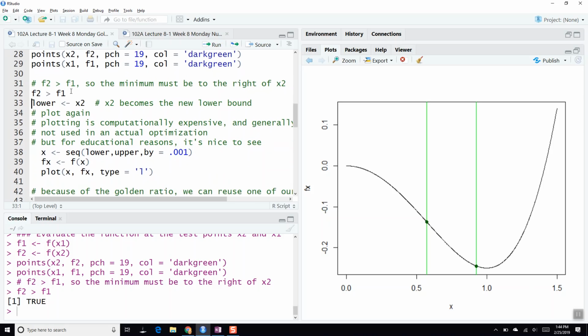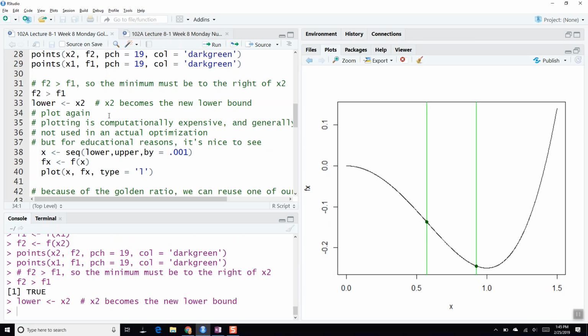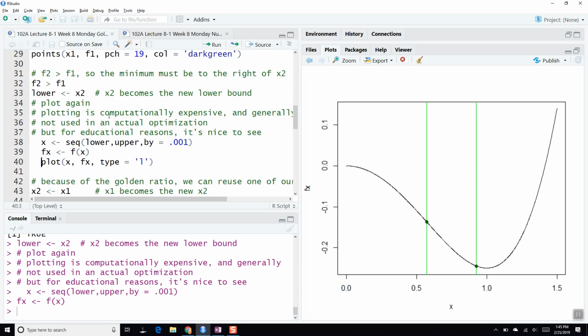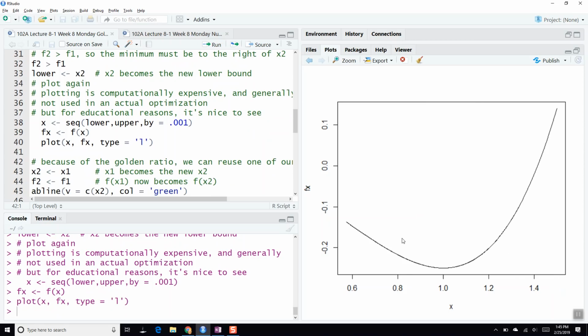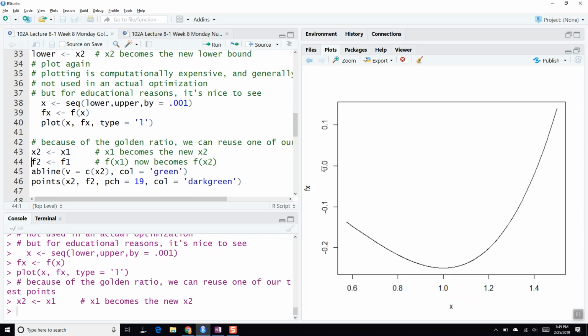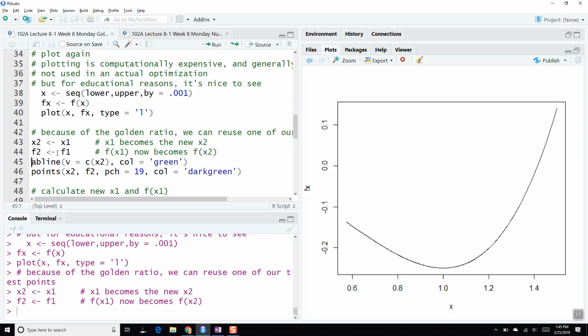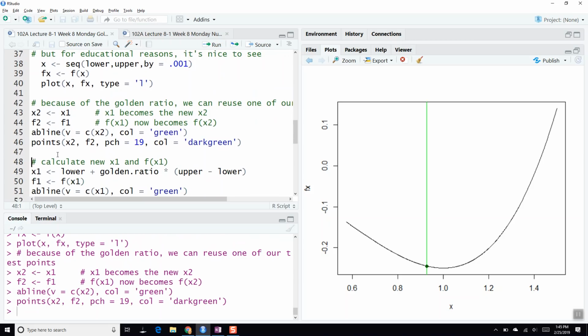So this is x2, and this is going to become my new lower bound. I'll redraw this part of the graph, so we're zooming in. And because of the golden ratio, I can just reuse x1 and the old value of f, and I don't have to do any new calculations.